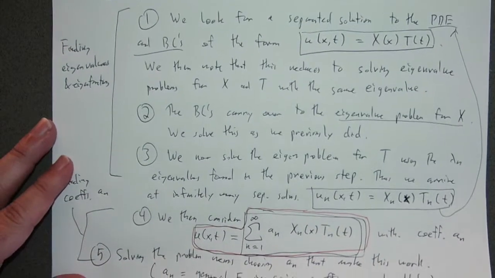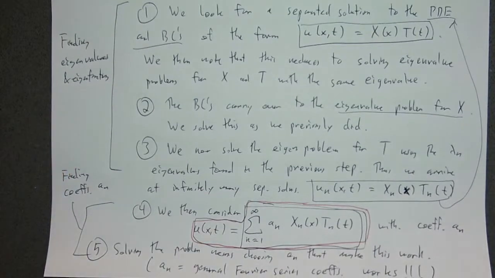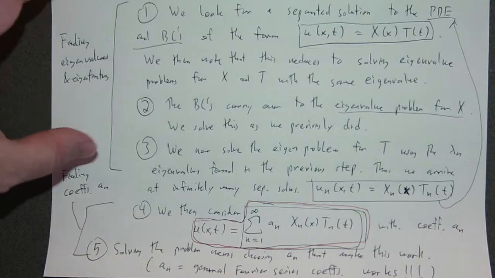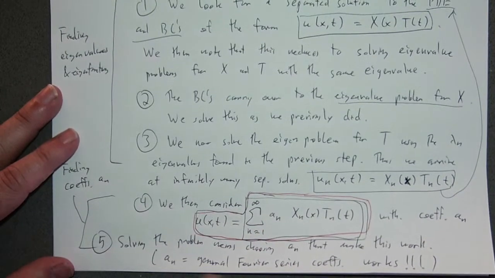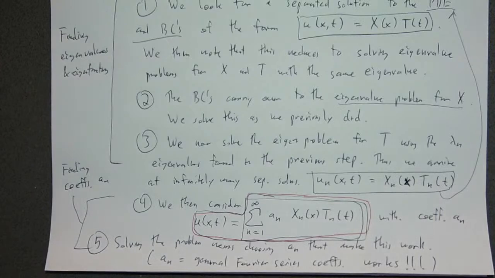Other than that, this is exactly how it works. I find the eigenfunctions and eigenvalues here, and I write out this as my solution. I'm done if I can compute these coefficients, but I can compute them because they are Fourier series coefficients that I've computed previously.